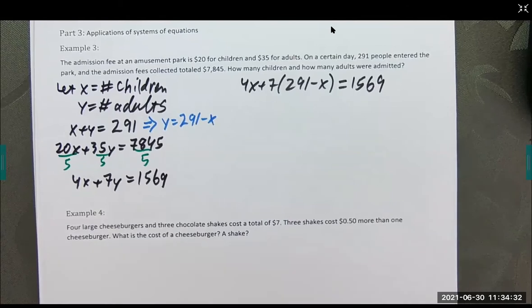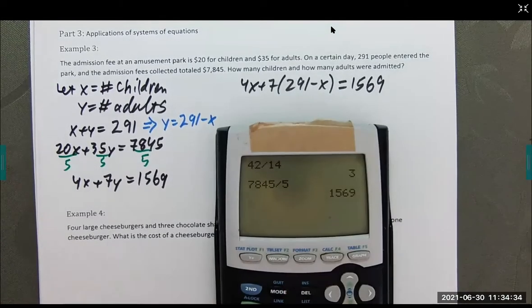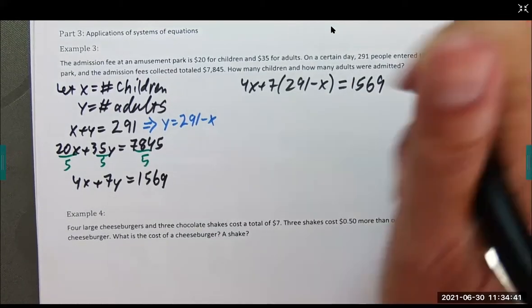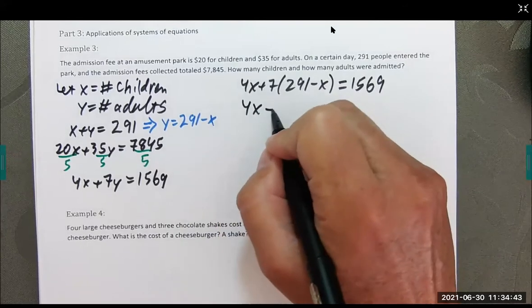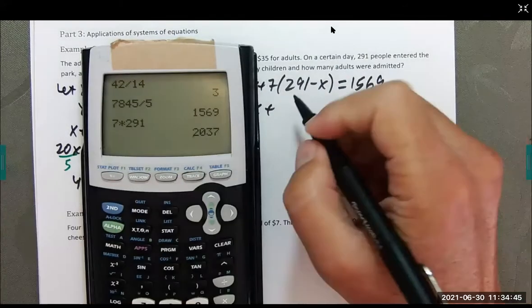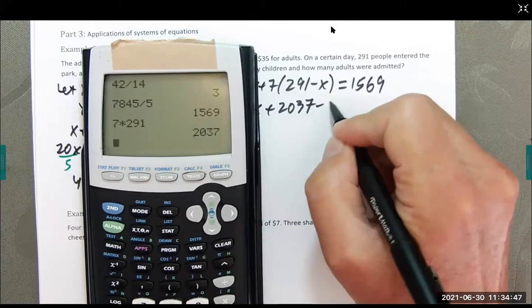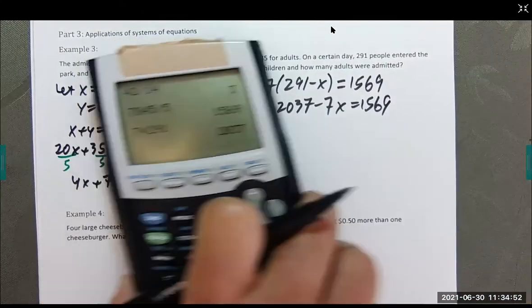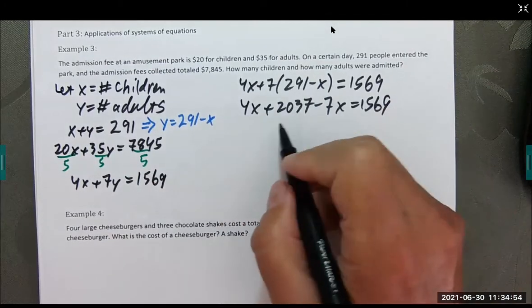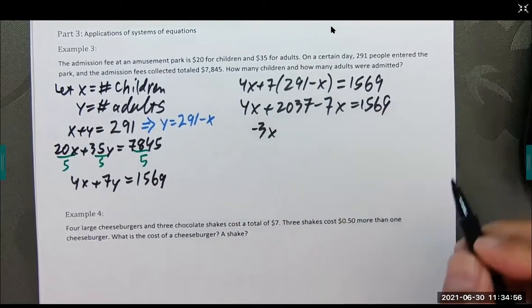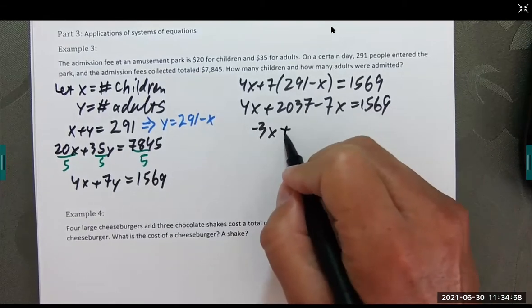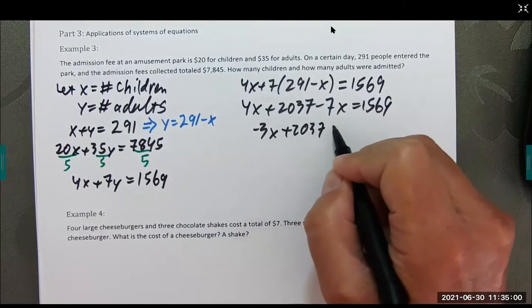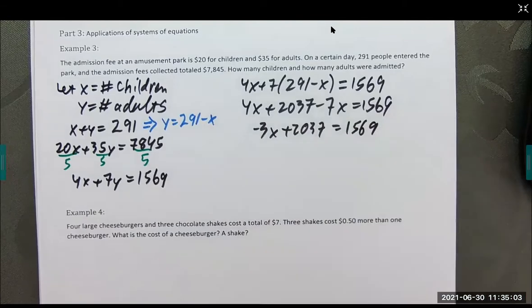Let's do the distributive property. 7 times 291. Combining my like terms, I get negative 3x plus 2037 equals 1569.